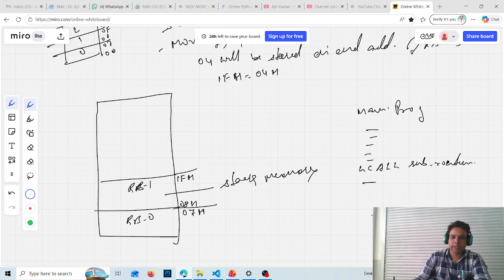Then the subroutine is another program, with some instructions, and then RET is the returning instruction.